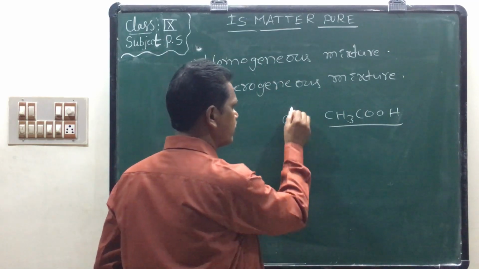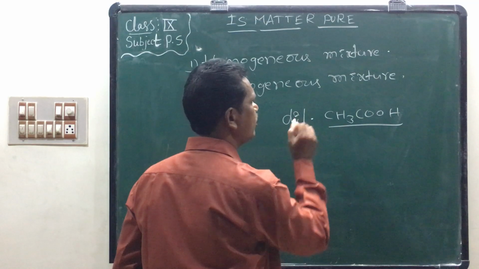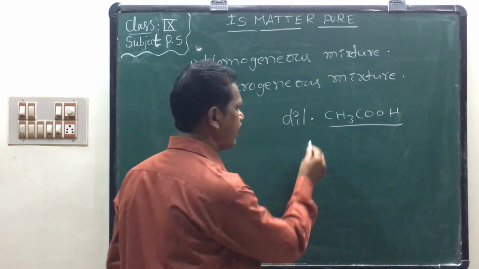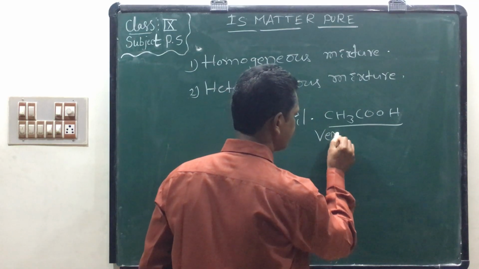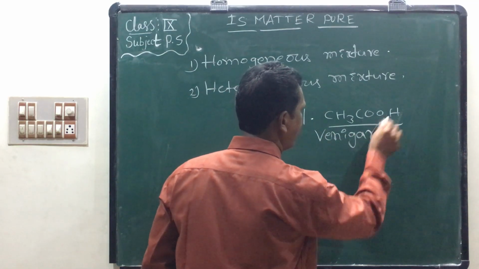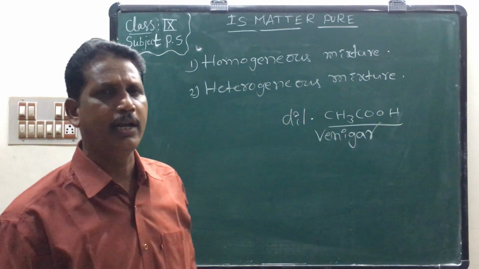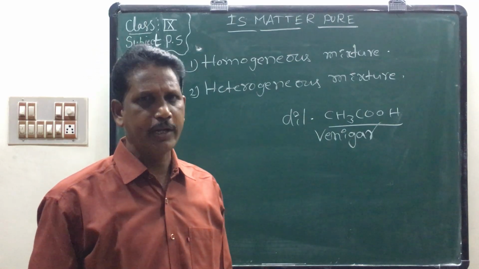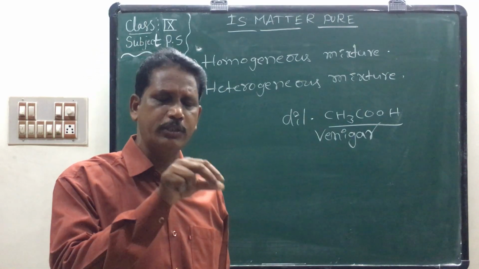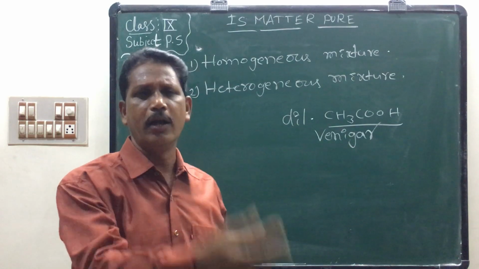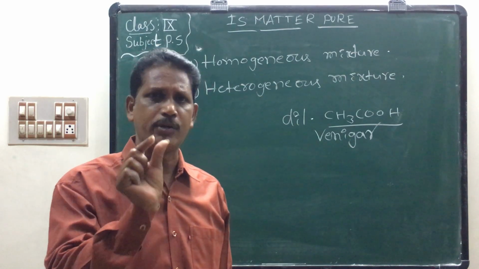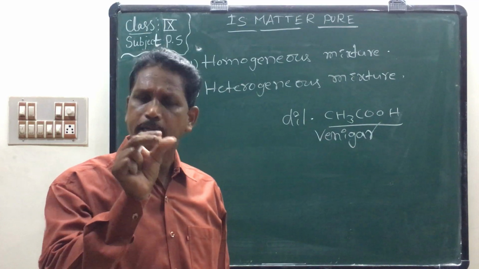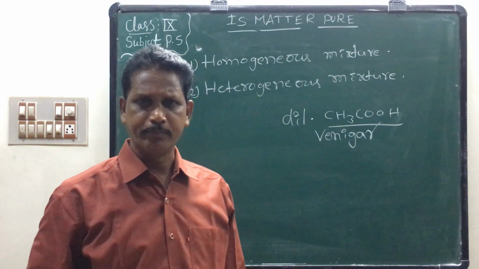Dilute CH3COOH is called vinegar. We add the dilute CH3COOH vinegar in oil, and we add naphthalene, the mothball, in kerosene.